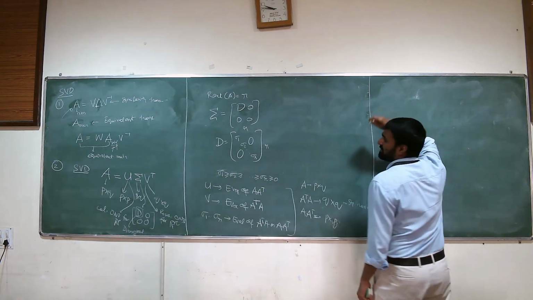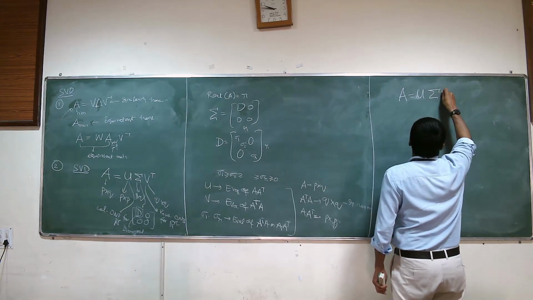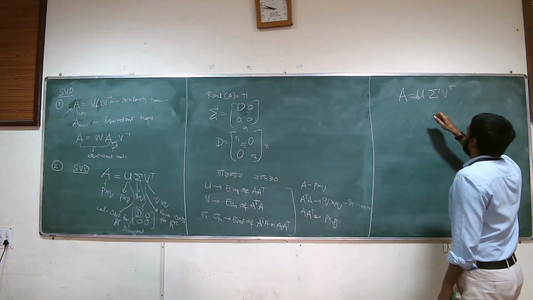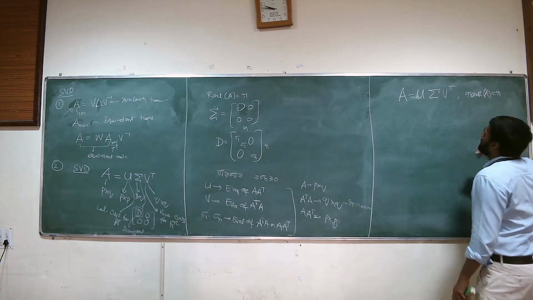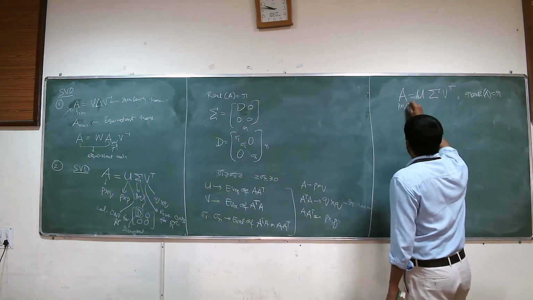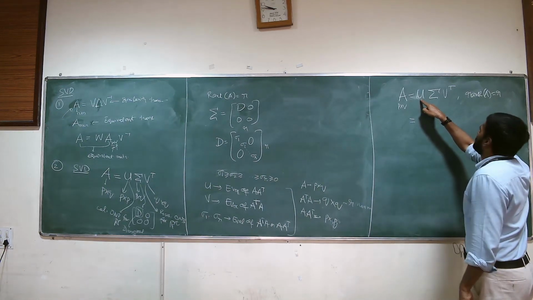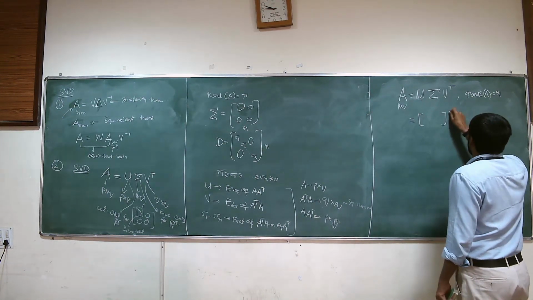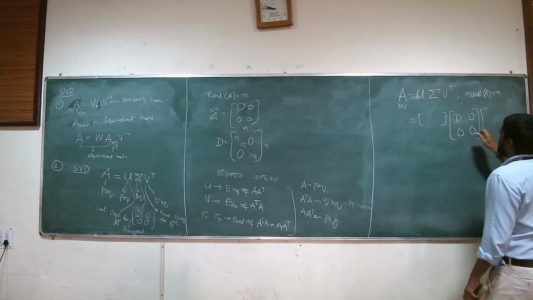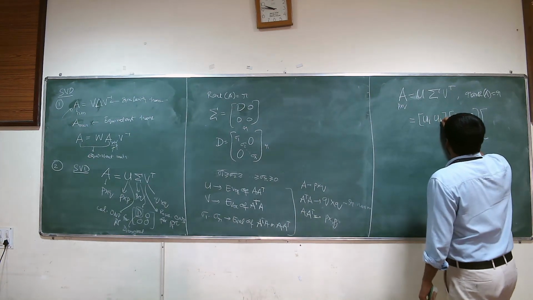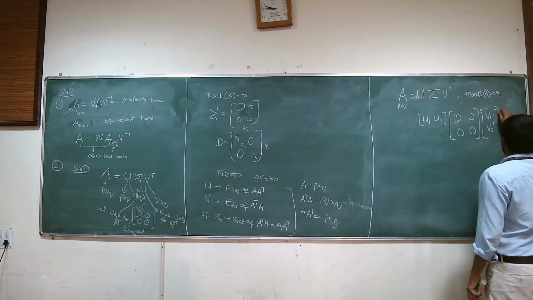We'll try and understand this a little bit more. The rank is R. A is P cross Q. Now let's divide U and V like this into two matrices, U1 and U2, and V1 transpose and V2 transpose.